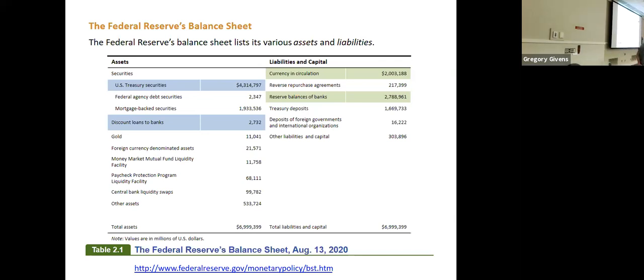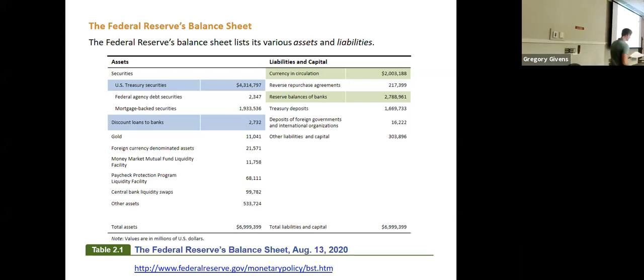One last one I want to comment on briefly. Reverse repurchase agreements. I know all this stuff sounds very technical, and it is, but I assure you, all of this stuff is going to come back into play when we look at different models of monetary policy throughout the semester. What is a reverse repurchase agreement, and why is it a Fed liability?